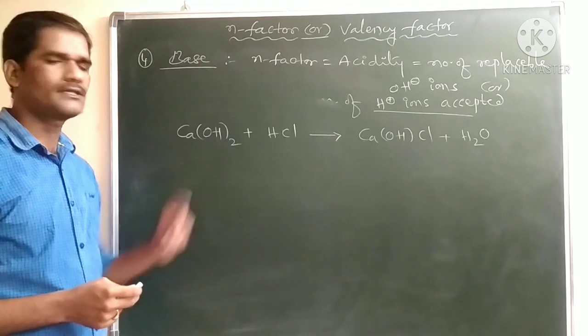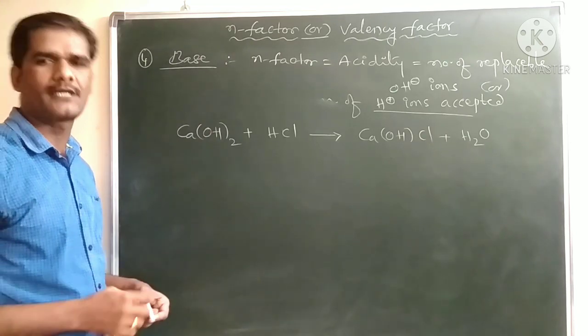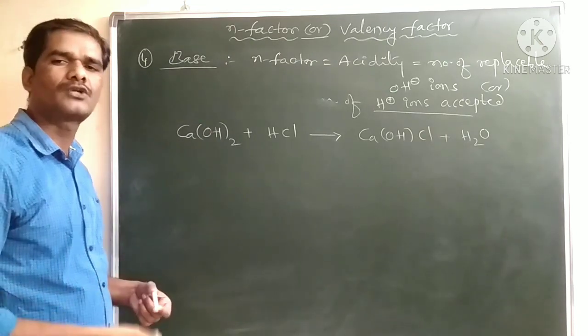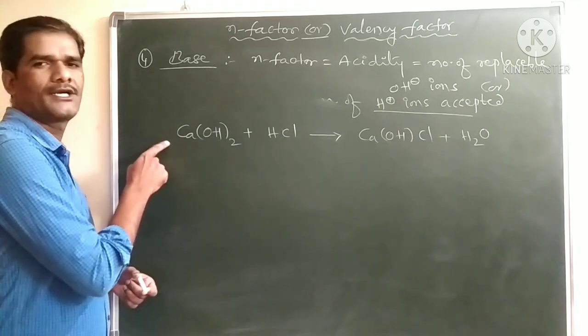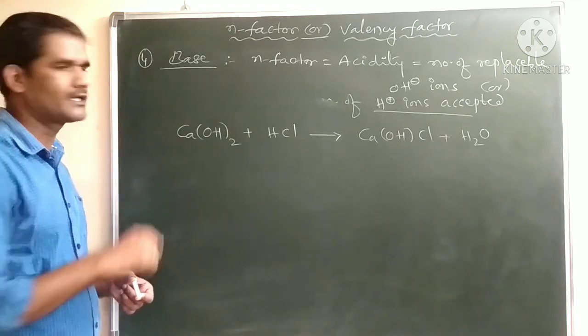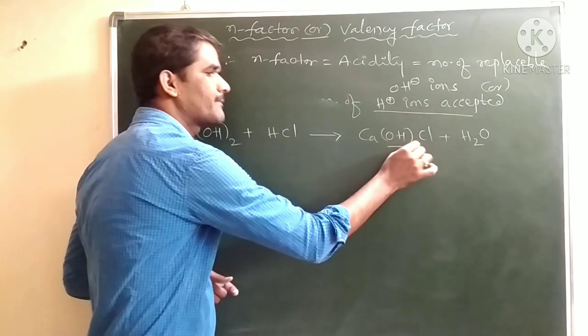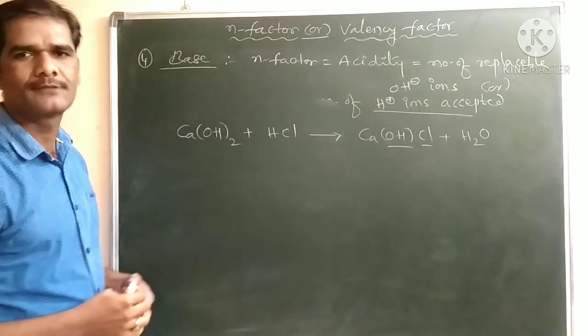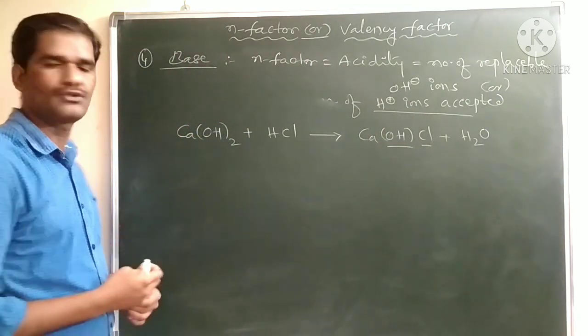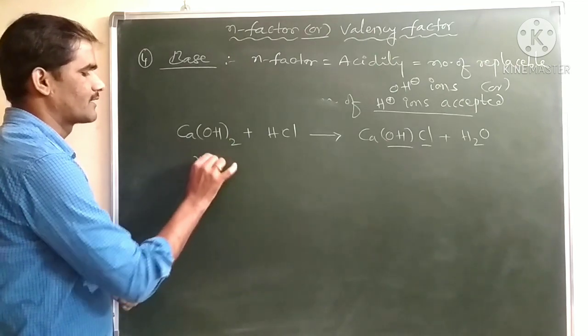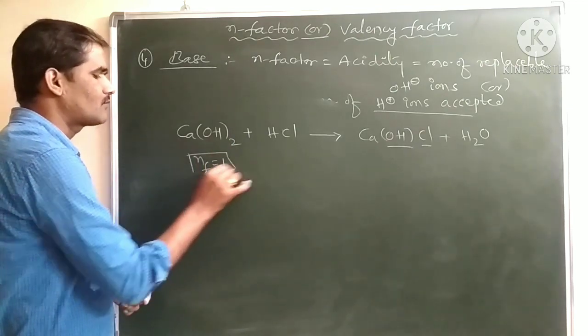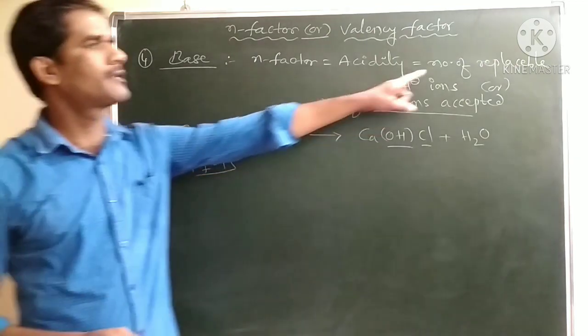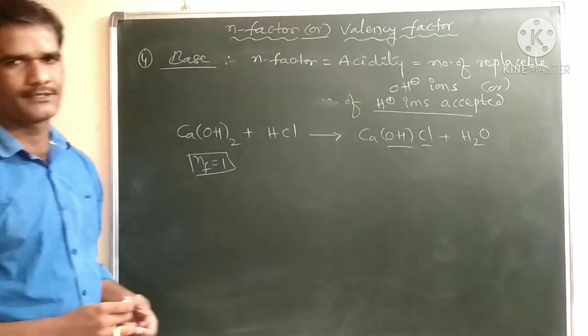Here 2 OHs are there, so 2 OH minus ions can be replaced, so we can say the N factor is 2. But in this particular reaction, only one OH is replaced by one Cl. Now the N factor is not 2, it is 1 here. Why only one OH replaced? Again, the number of replaceable OH minus.